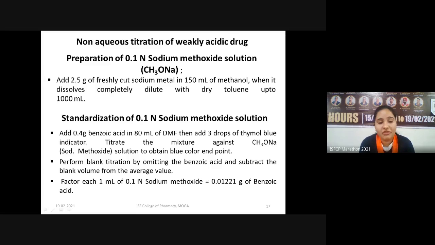Factor: each 1 ml. This is the important point which we must keep in mind, that 1 ml of 0.1 normal sodium methoxide is equal to 0.01221 gram of benzoic acid.